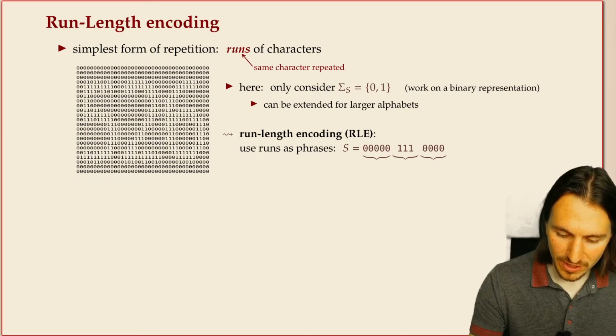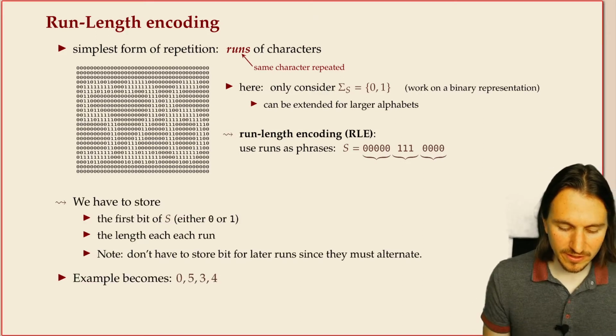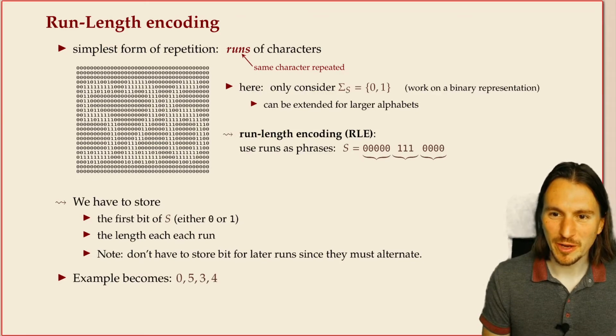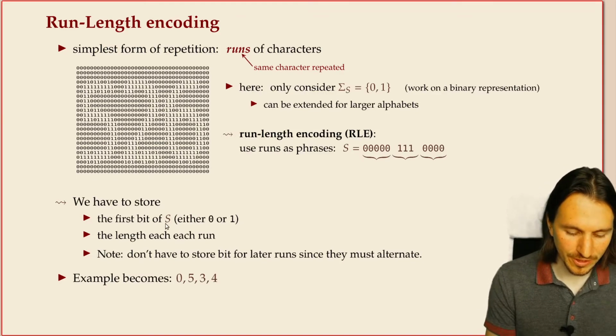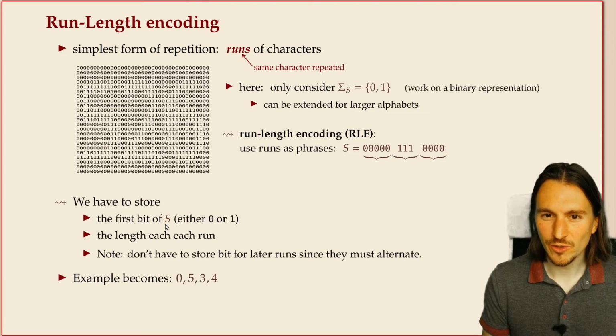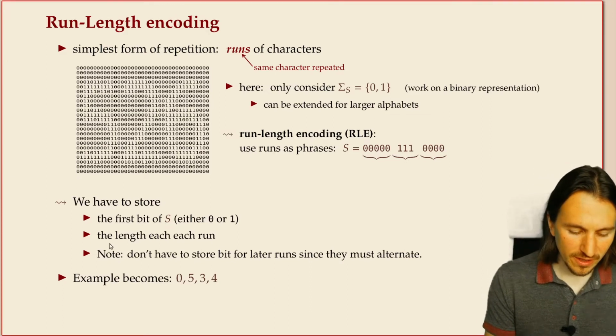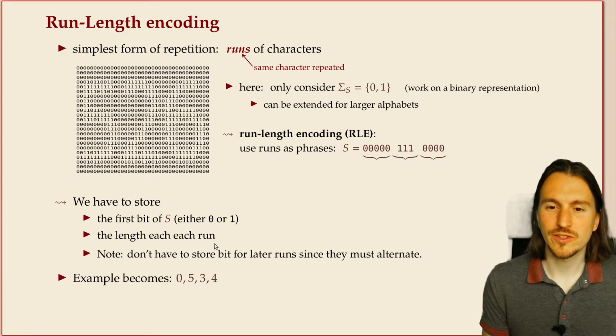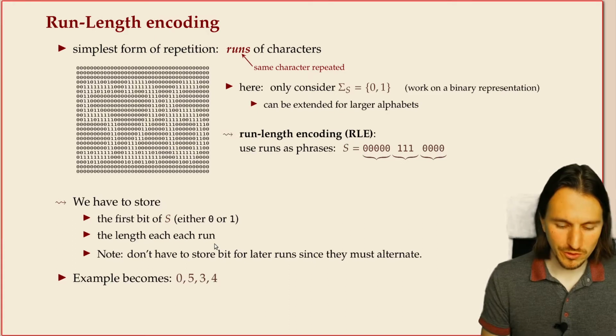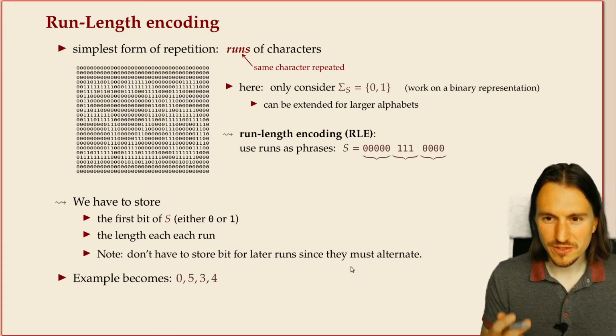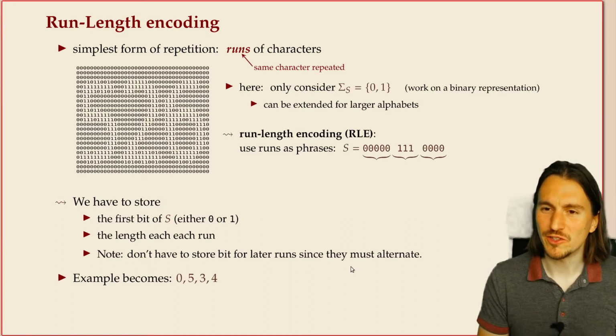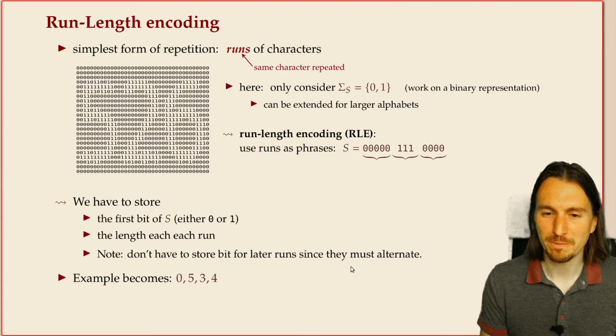So we have to encode these phrases, and obviously for a binary alphabet, it's enough to store what was the first bit in the source, 0 or 1, and then the length of each subsequent run. We don't have to store which bit it is, because runs have to alternate between 0 and 1 if the alphabet is binary.